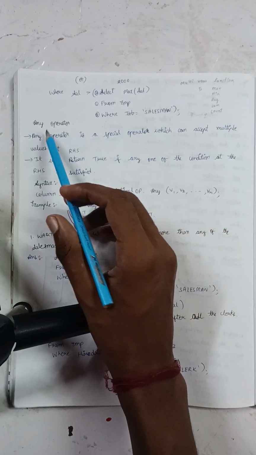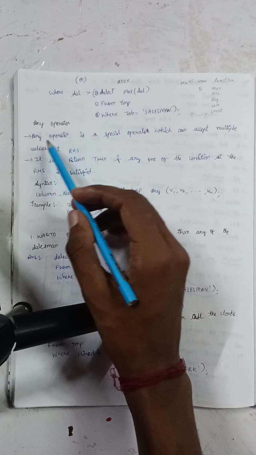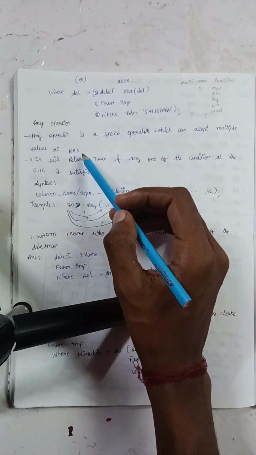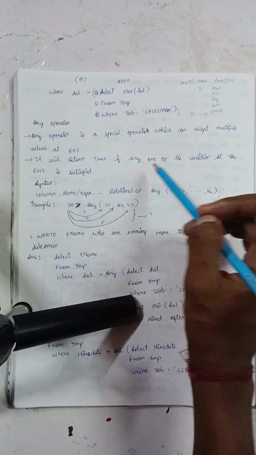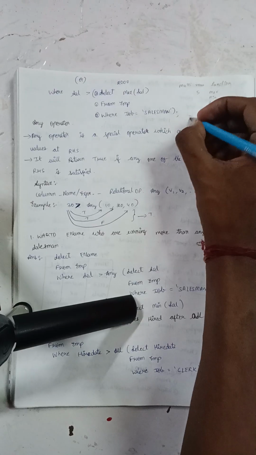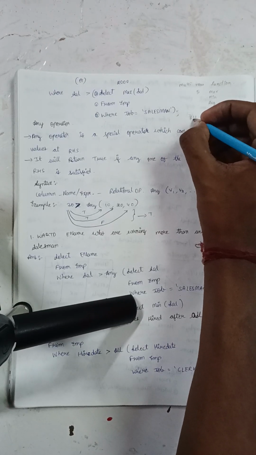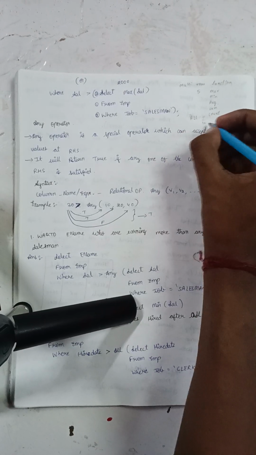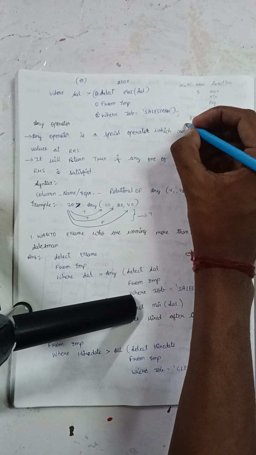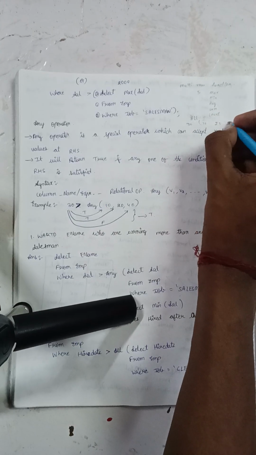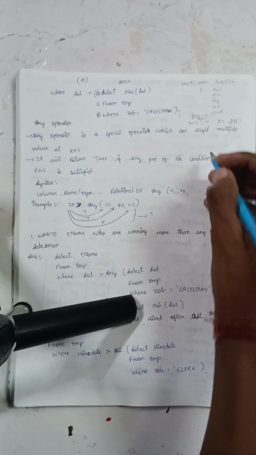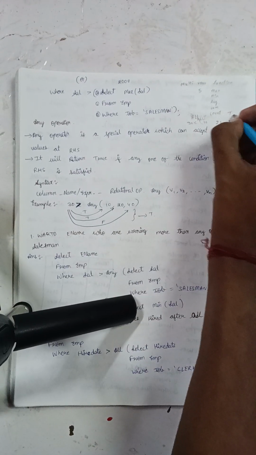Here we will discuss the any operator. Any operator is a special operator which can accept multiple values at RHS. It will return true if any one of the conditions at the RHS is satisfied. In all, if the values are 10, 20, 30, and the number is 25, only if all the conditions are satisfied can we get the output as true.